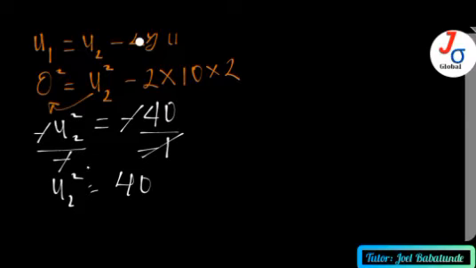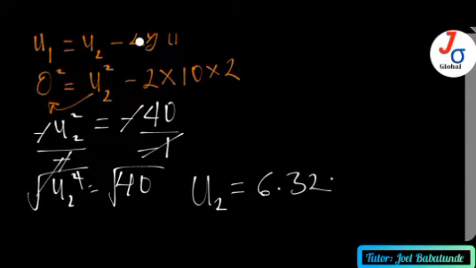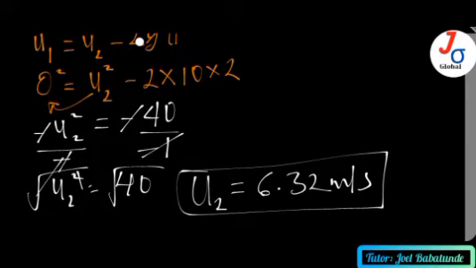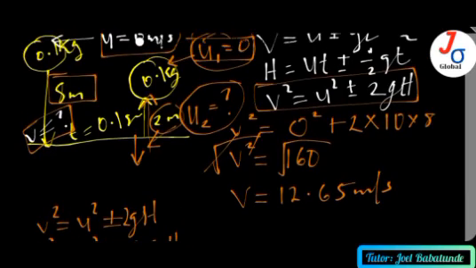Taking the roots of both sides, u2 becomes the square root of 40, which is 6.32 meters per second. So just before it starts to go back up, it's 6.32 meters per second. Then as it goes up, it begins to reduce until it gets to 0.